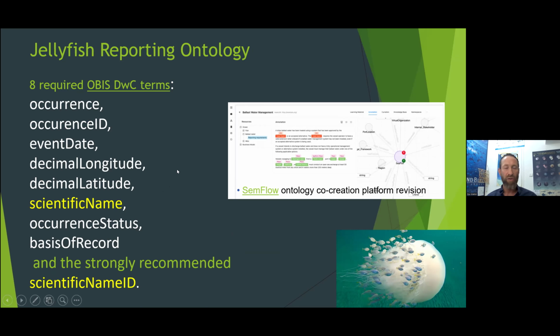I'm sure in EMODnet also they have the standardized names, and all of these fields have to be filled. We also work on an ontology from a different perspective with SemFlow, which is a software created by Ramani to co-create this platform.